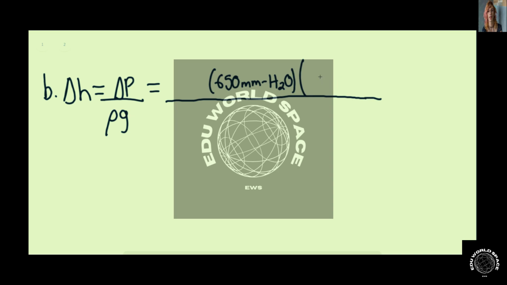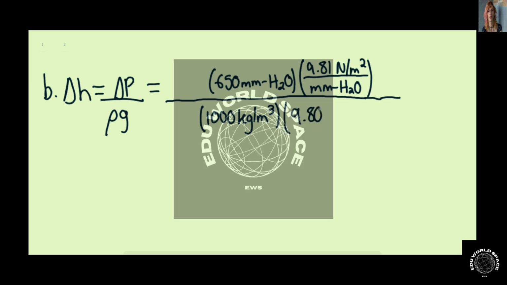And then for every millimeter of H2O, we have 9.81 newtons per square meter for every millimeter of water. This would be divided by 1,000 kilograms per cubic meter, and then multiplied by g, 9.80 meters per second squared.